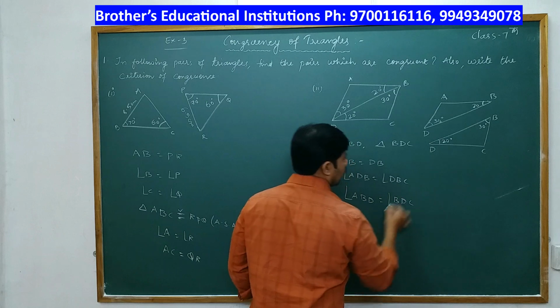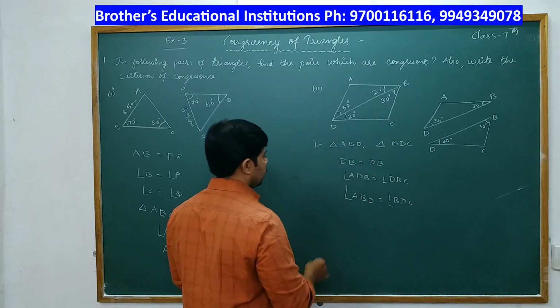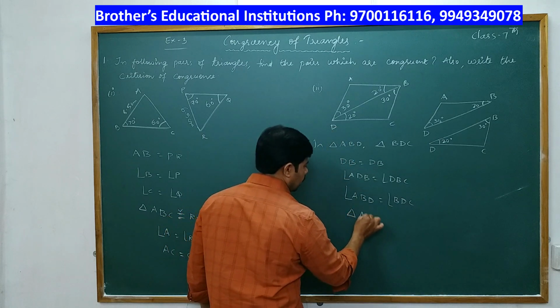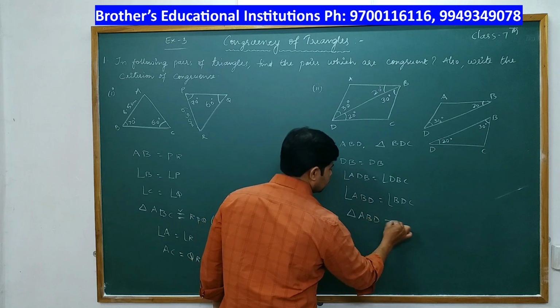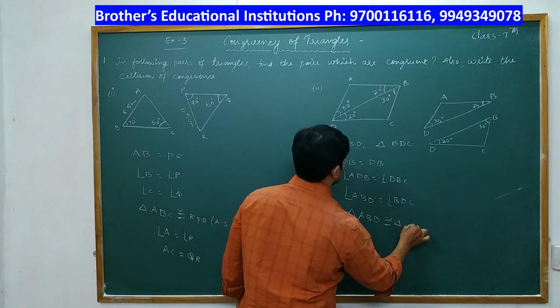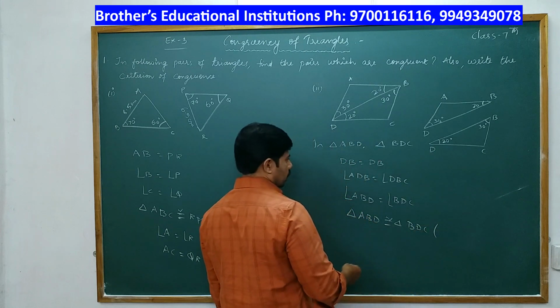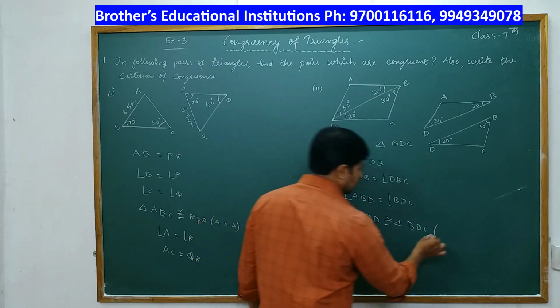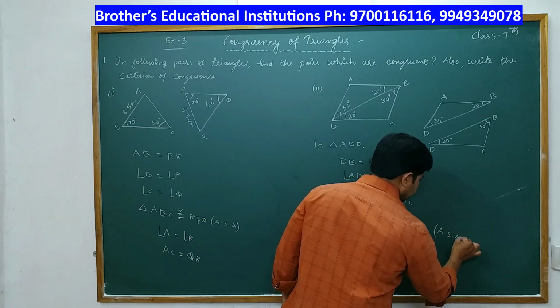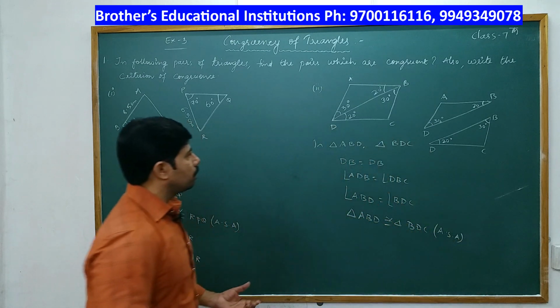So we say triangle ABD is congruent to triangle DBC according to two angles and one side, that is ASA. Then what are the other parts? They are equal.